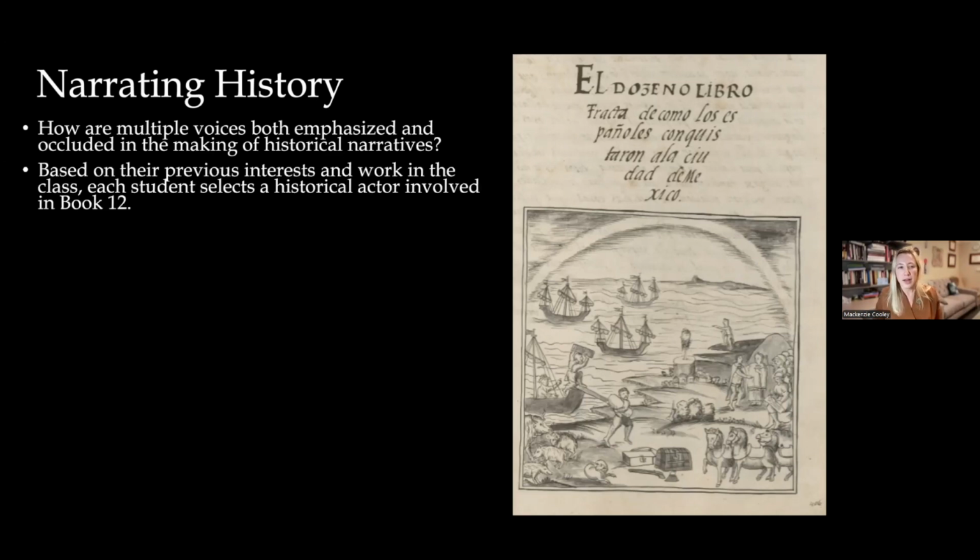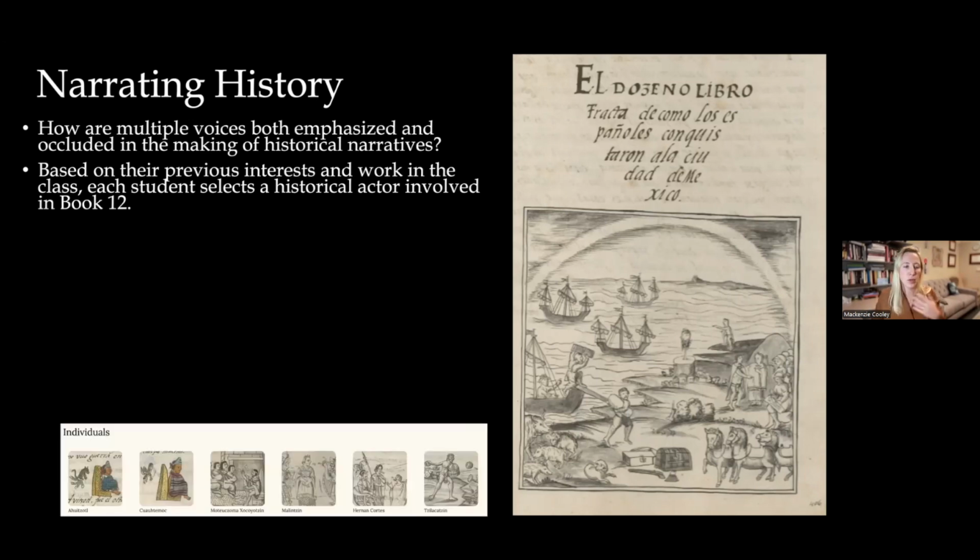And for that, each student selects a historical actor involved in Book 12. I do this in conversation with the student, and we use the individuals section of the website in order to tease out who the historical actors present in some of these moments are.